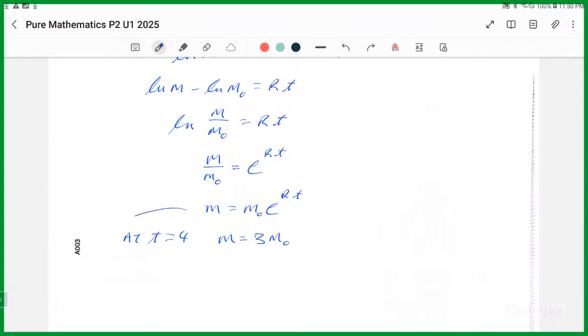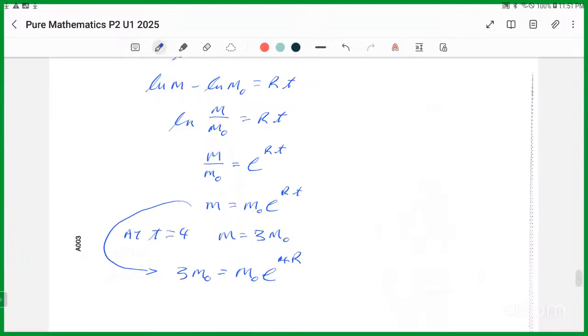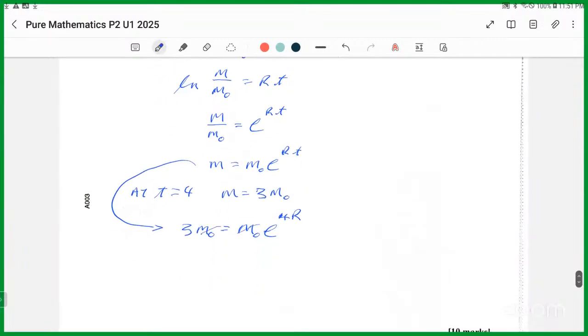So 3 times the starting mass equals the starting mass times e to the t, and t is 4, so e to the 4r. The starting mass then cancels, and we get 3 equals e to the 4r.